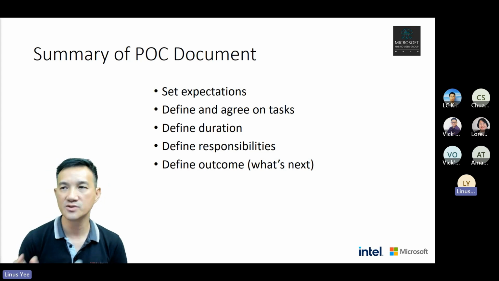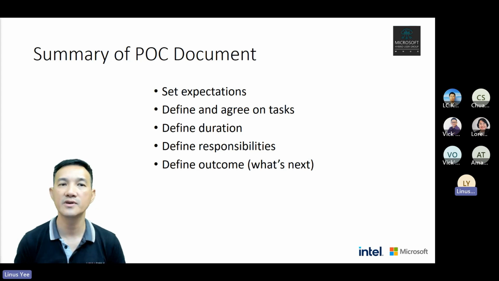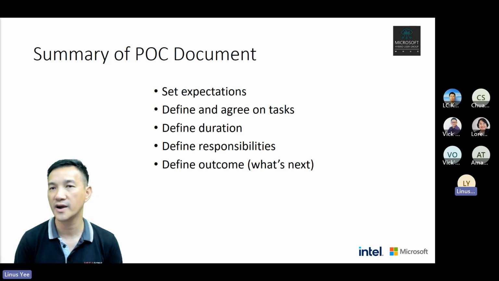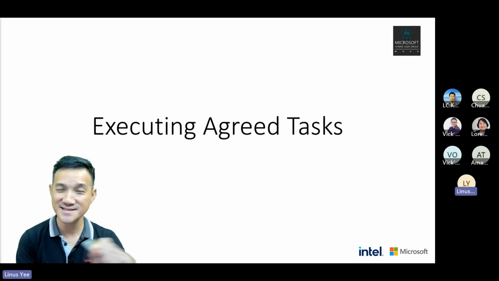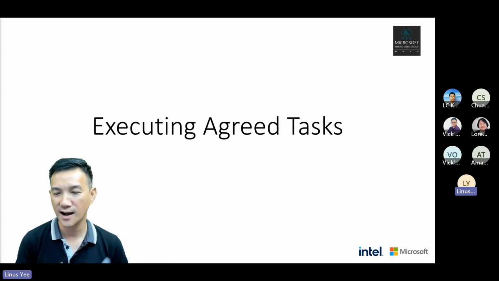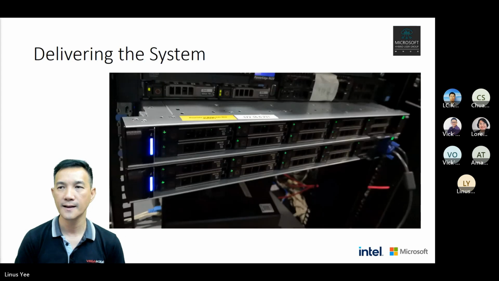What are the agreed tasks, the agreed duration and deadline, the agreed responsibilities, and also the defined outcome. Of course, you should also include the approach, which is the activity you're going to do. After this is agreed and signed off, you are okay to move on to the next step, which is executing the task.